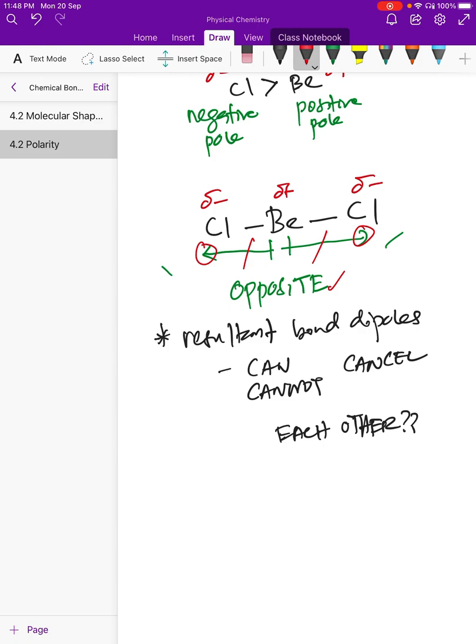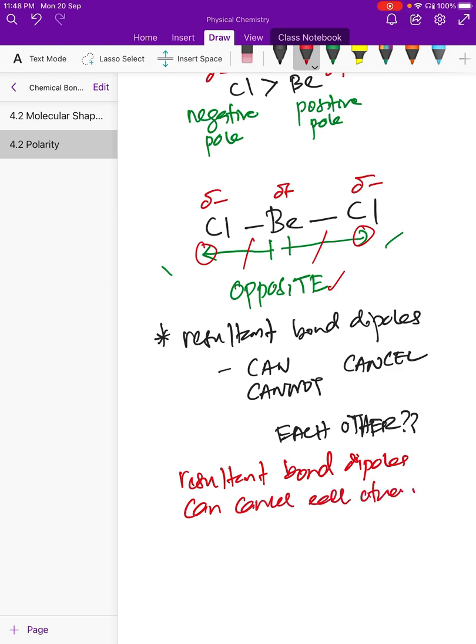So our answer will be resultant bond dipoles can cancel each other. That is the next point.